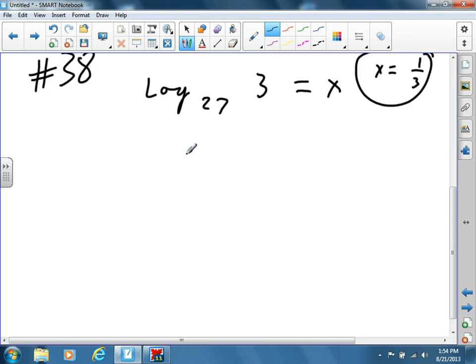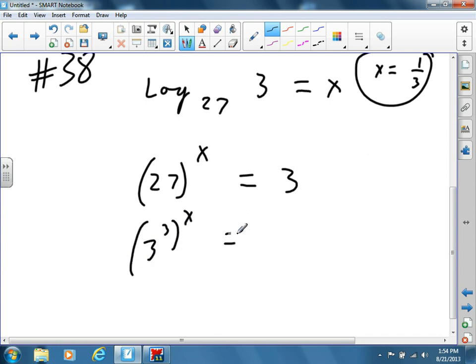So I'm going to rewrite it: the base 27 raised to the x is equal to 3. So this is 3 cubed raised to the x equal to 3 to the 1. So 3x has to equal 1. X has to equal 1/3. And somewhere around there you would skip writing things down because you'd come to the conclusion that it is 1/3 way before then.